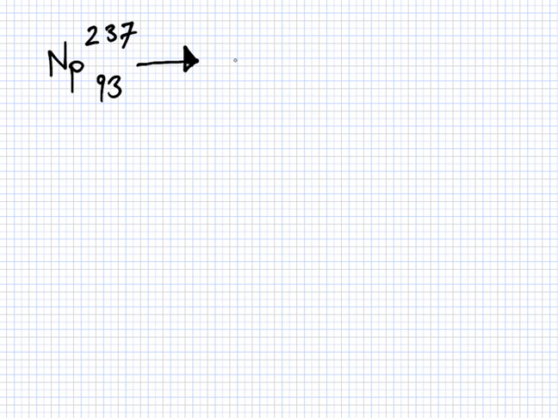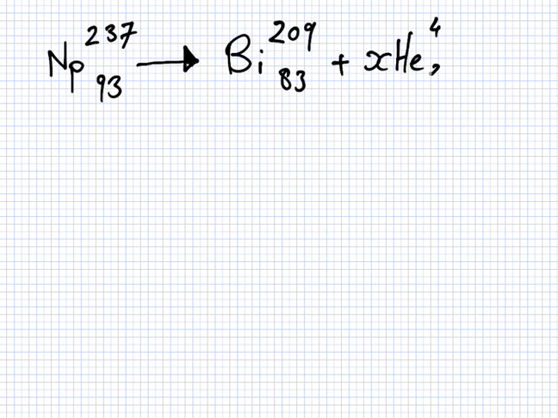There's a Bi. Oh, Bi, yeah. Like this? Yes. 209, okay, plus X alphas plus Y betas.